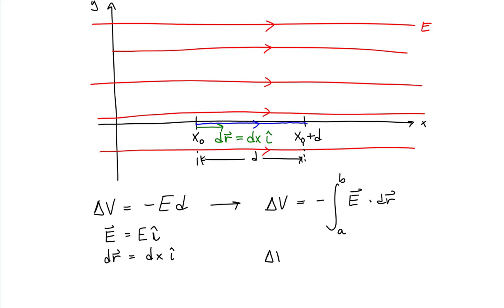So we have the change of potential, the potential difference between points A and B, is equal to minus the integral of the dot product between the electric field and our displacement differential. So this is the dot product between the electric field given by E i hat and our displacement differential given by dx i hat.